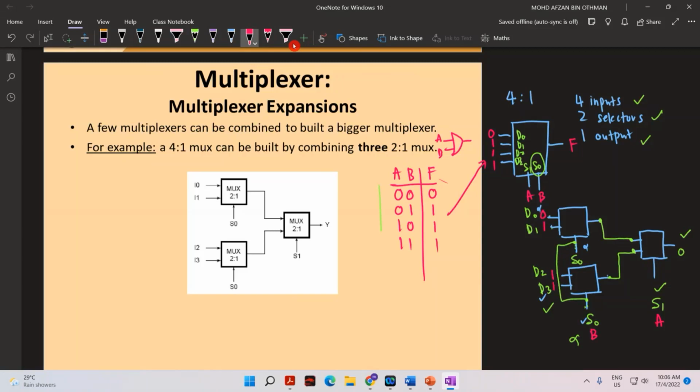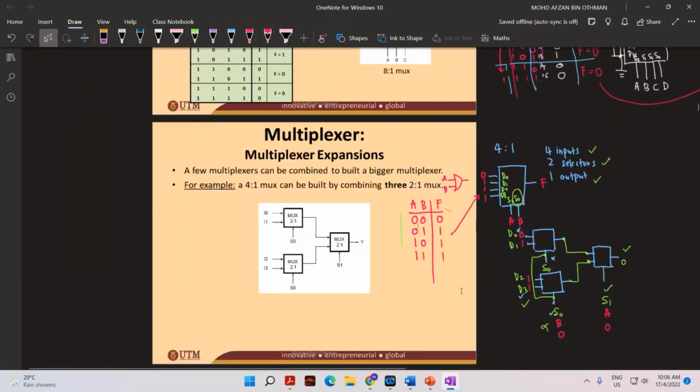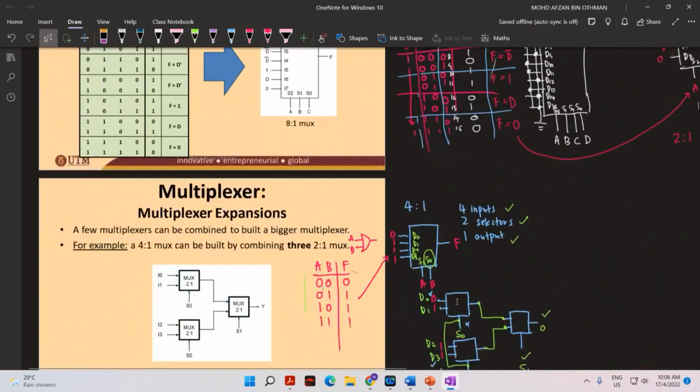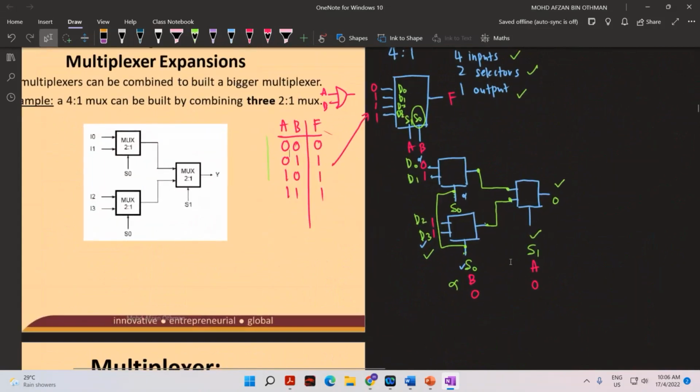Okay, so let's look. Kita masukkan 0, 0 dulu ya. So kita masuk sini 0, sini 0. We're going to look at when 0, 0, expected output should be 0 lah. Based on this one, the output must be 0. Okay, so kita tengok ni.